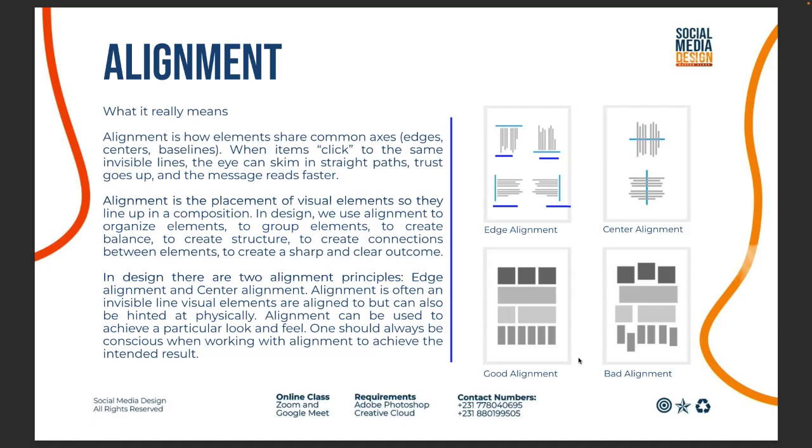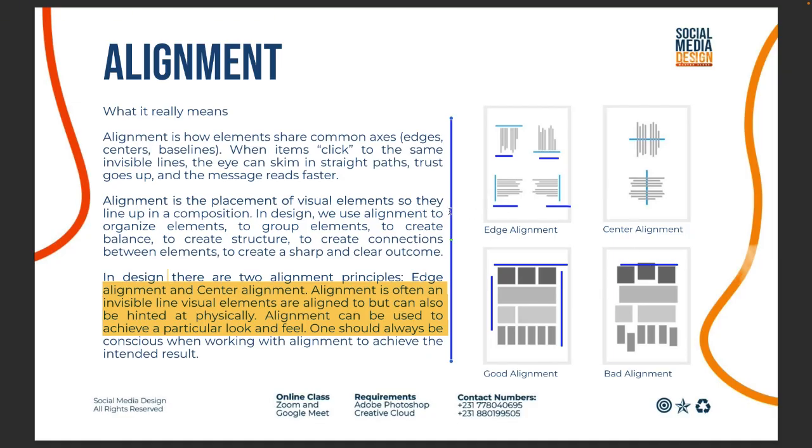A good alignment, no matter the amount of content that you use, like you see this, everything is lined up on all edges and sides. But once your work looks something like this, it's off alignment. So it's important that nothing goes outside each other, like nothing goes outside the box or outside the line. That's a perfect alignment.